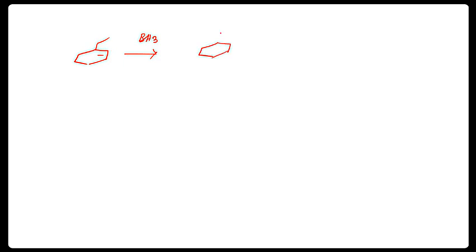As a result, this is BH2 and this is H. I am not showing that. You know already, if you treat this with H2O2 and base, then what will happen? This will be converted into the corresponding alcohol.